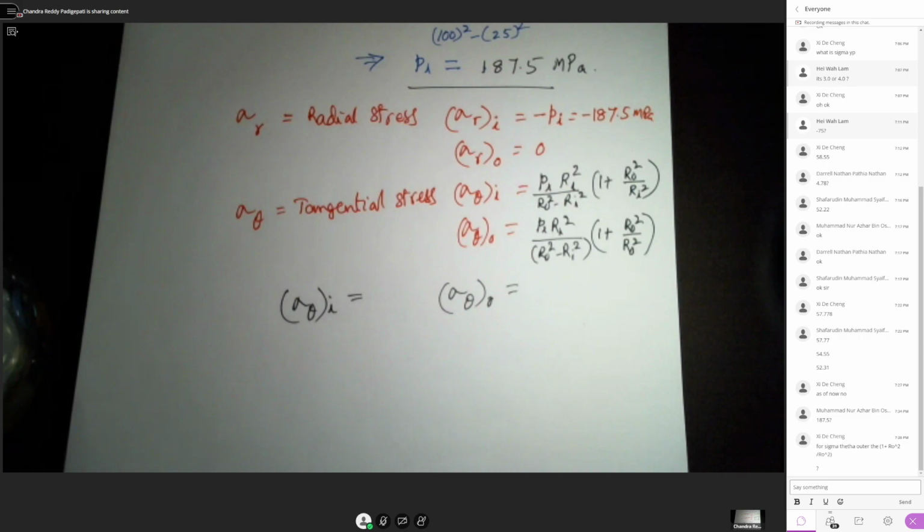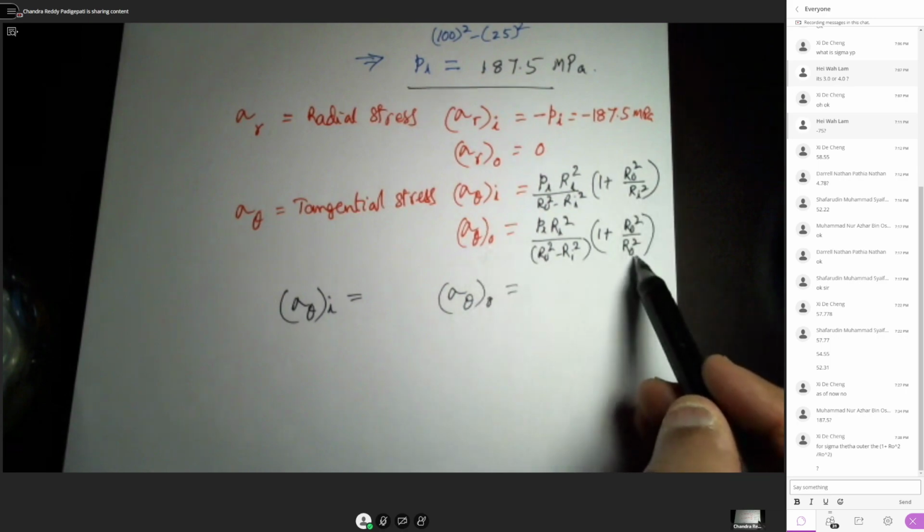What's the doubt? 1 plus rho square. Yeah, that's correct because you are replacing the r with the outer radius.